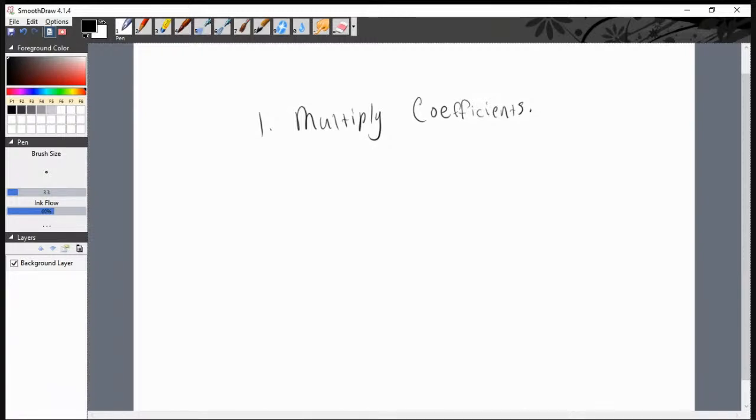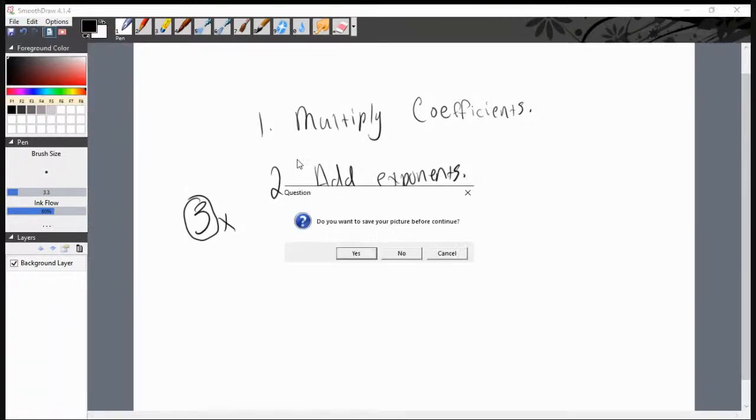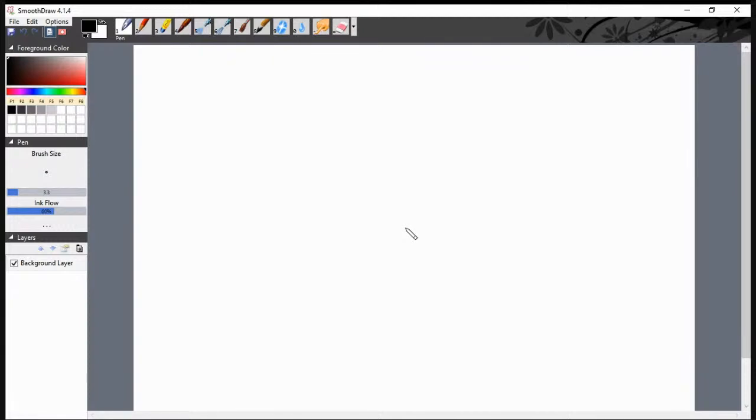Now, if you don't know what a coefficient is, if I'm writing something like 3x, this is the coefficient. It's the number by which the variable is being multiplied. The second step is to add the exponents of each like base. So if you just follow these steps, it becomes very easy to figure out what your answers are, right?